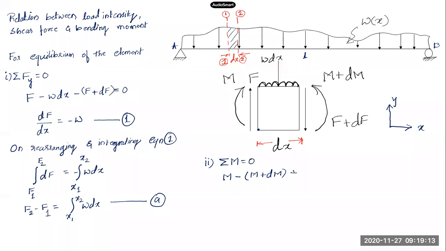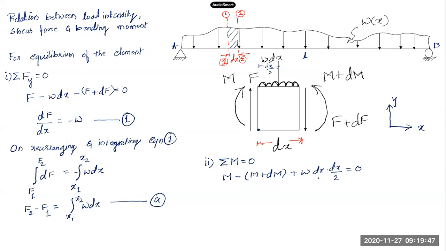So plus w into dx into dx by 2. This is the moment due to this applied load which is present on the element. This w into dx was the resultant, and it acts at the center of this element, which is dx by 2 over here. I've taken moment about this point on the left side of the element. So this should be equal to 0.